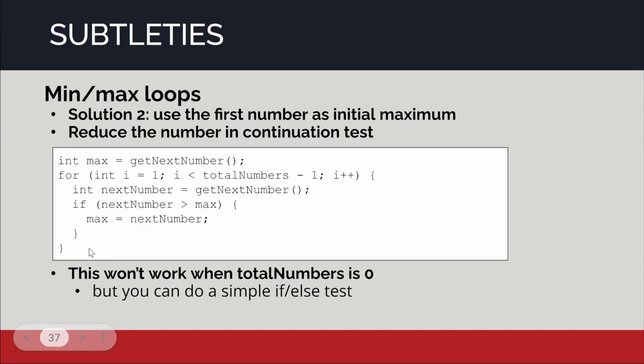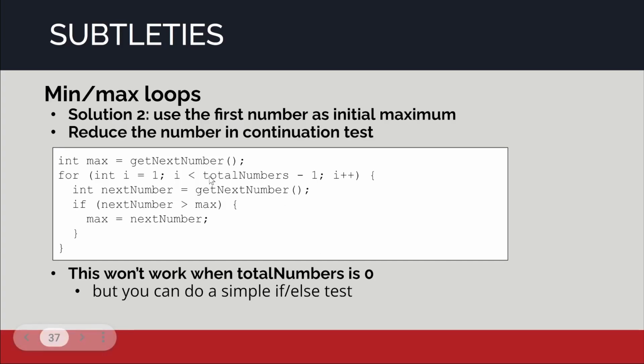But in this case, this is actually not going to work if the variable total numbers is 0, like if there's no numbers in our actual sequence.